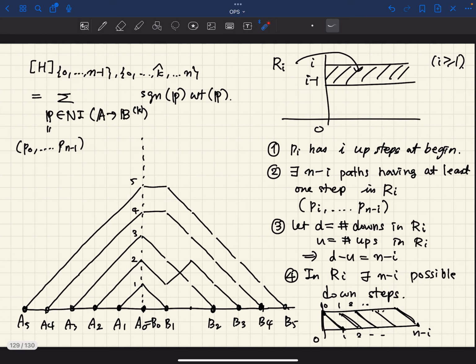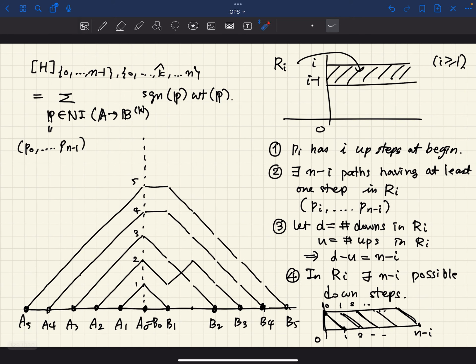Wait, did I make a mistake? Maybe something is off by 1. For instance, this is n, this is n, this must be n.